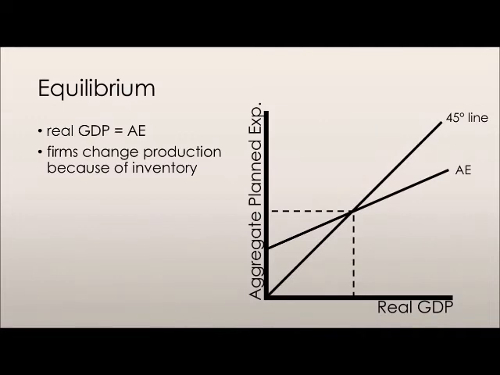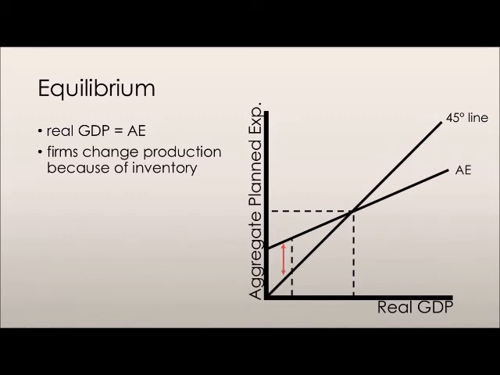So we want to look for the point at which aggregate expenditure intersects the 45-degree line, because that's going to be the point on the aggregate expenditure curve where aggregate planned expenditure equals real GDP. And so in essence, equilibrium expenditure is the level of aggregate expenditure that occurs when planned aggregate expenditure equals real GDP. This is the point at which spending plans are fulfilled.